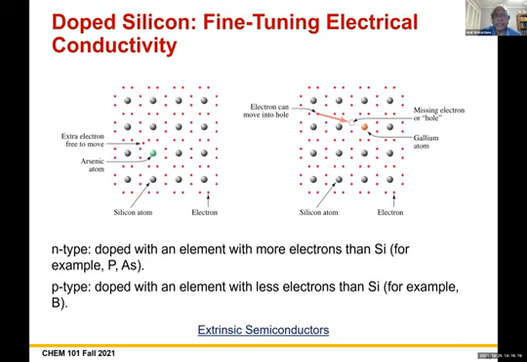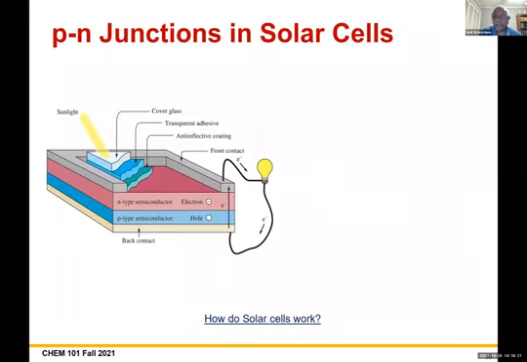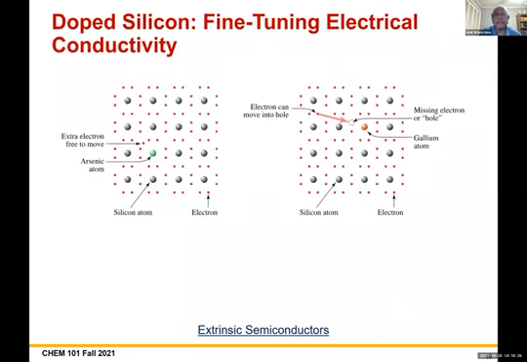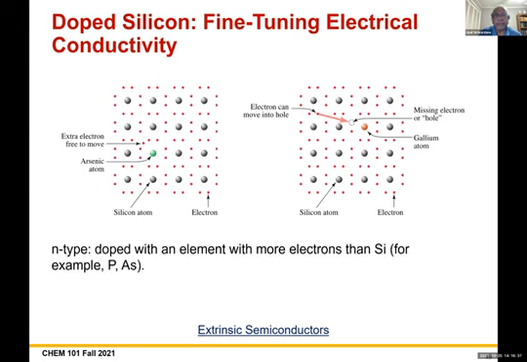So that creates more electron flow in the doped silicon than pure silicon. So therefore, we create silicon and dope with these two types.